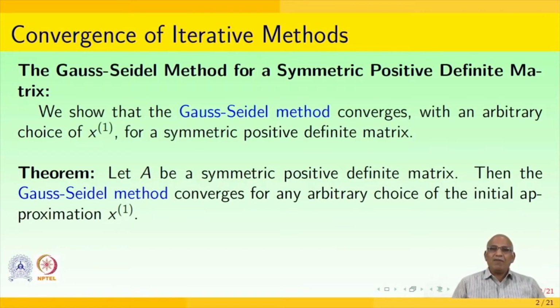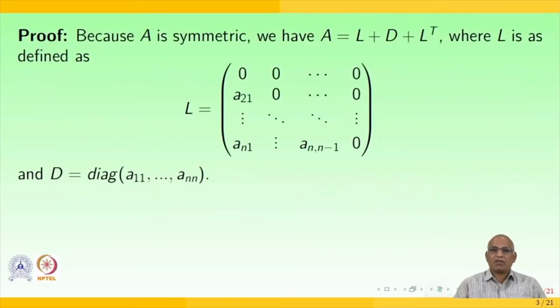Let A be a symmetric positive definite matrix, then the Gauss-Seidel method converges for any arbitrary choice of the initial approximation x of 1. So the proof is as follows.